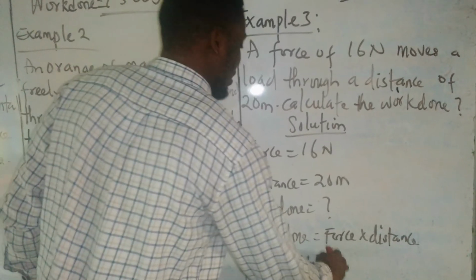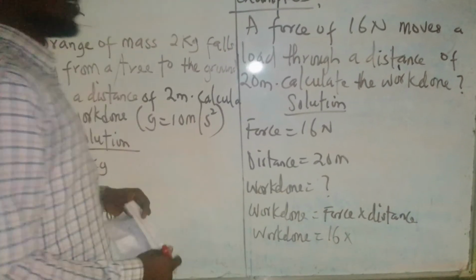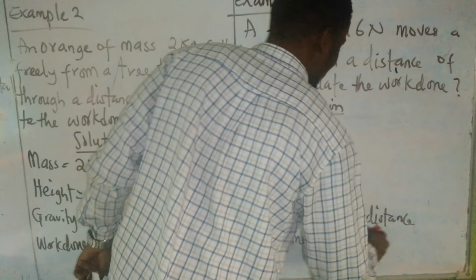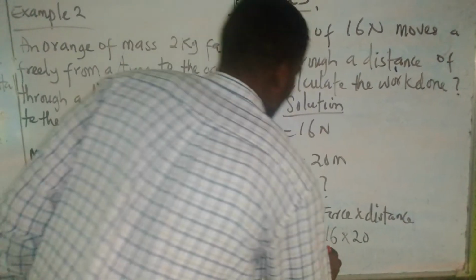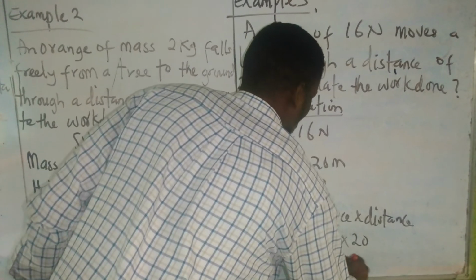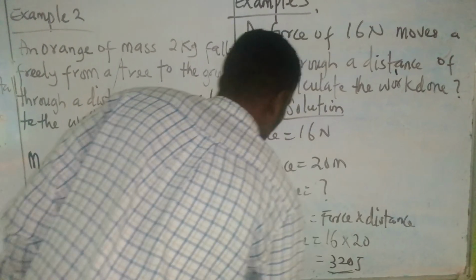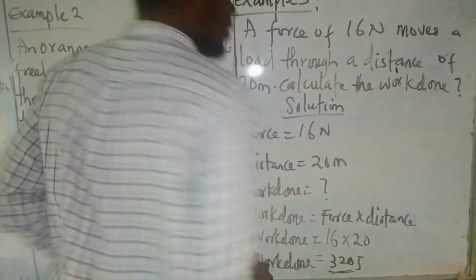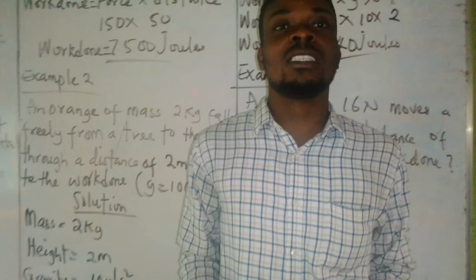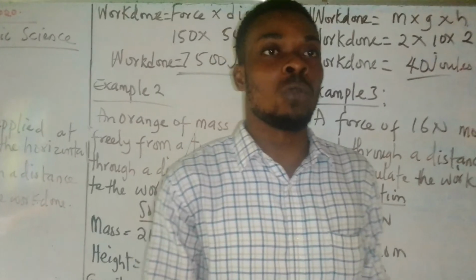What's the force? 16. What's the distance? 20. 16 times 20. We're having 320 joules. So the work done is 320 joules.